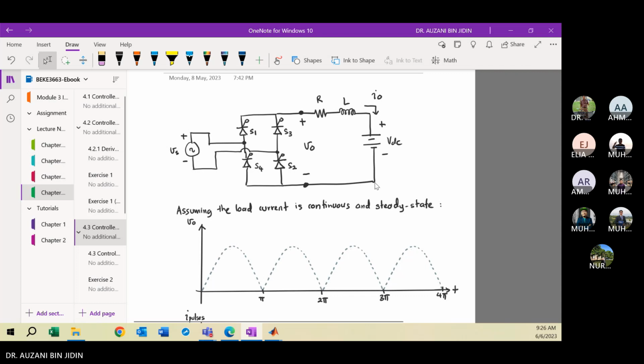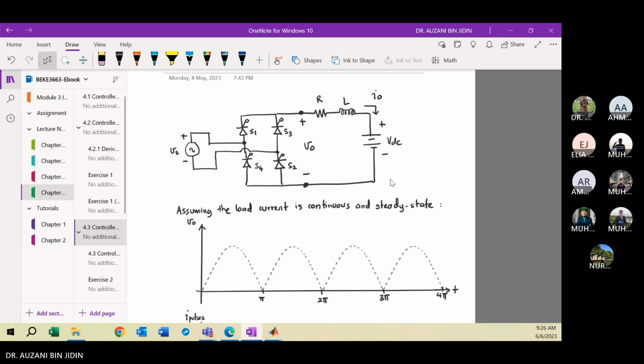The current needs to be charged and discharged. Sorry, it needs to increase exponentially or decrease exponentially. It cannot immediately change like the voltage wave shape. So remember the inductor is the energy storage, which means it needs time to store the energy and release the energy.